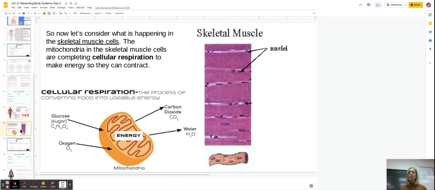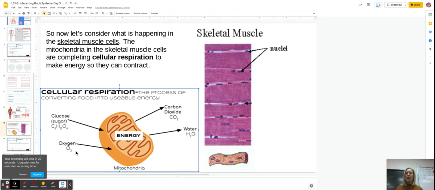And lastly, we reviewed cellular respiration, which is extremely important. If you take a look at what is needed for cellular respiration, you need glucose that comes from your food. You need oxygen that we inhale through our respiratory system. And then our circulatory system is a transport system that transports it to our cells.